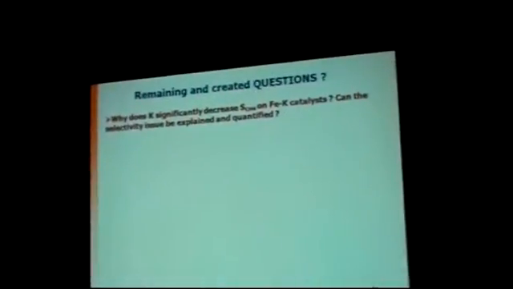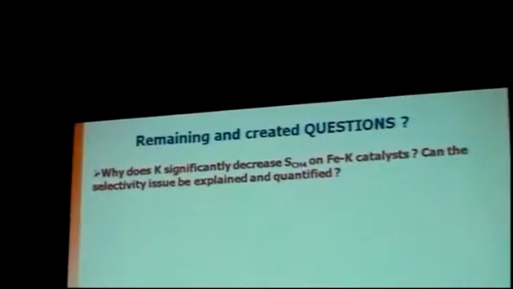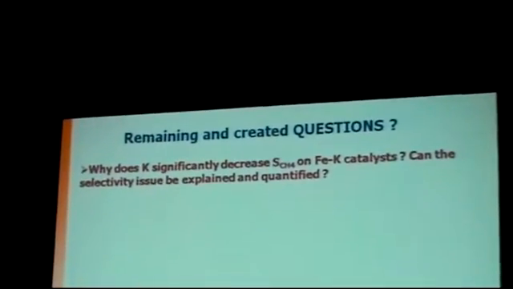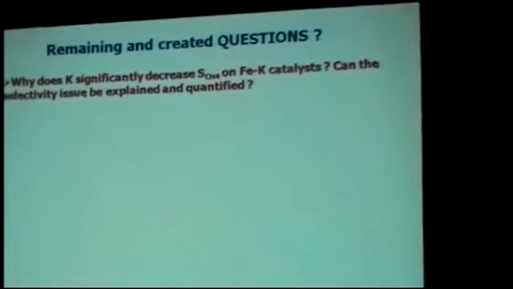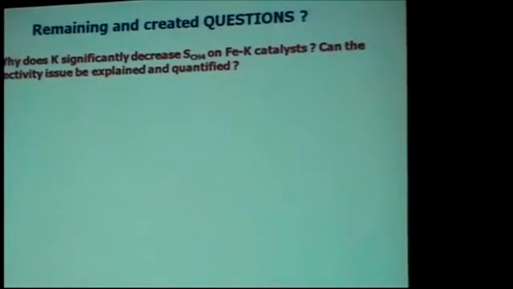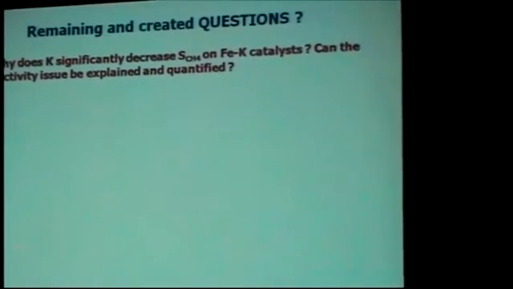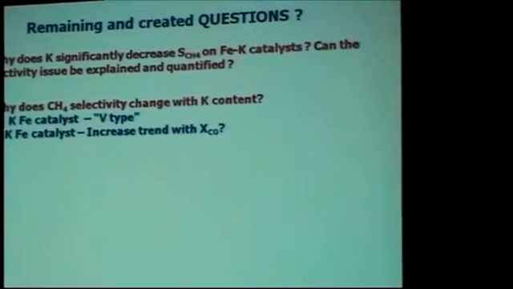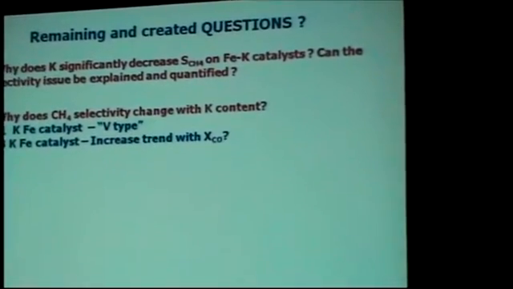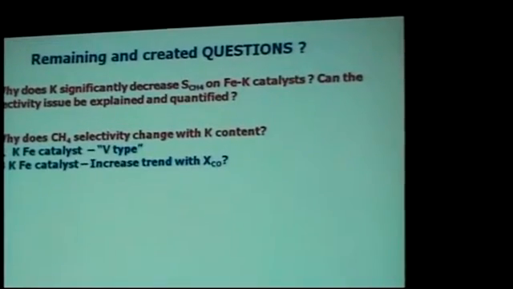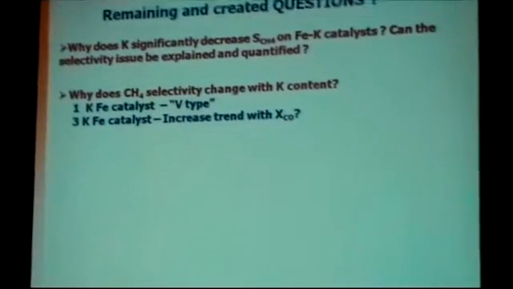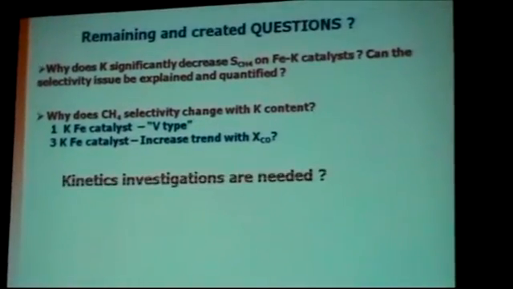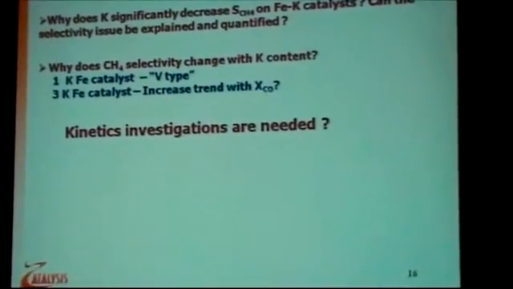So the next question is why potassium significantly decreased methane on the iron potassium catalyst, and whether we can explain it quantitatively. And one more question is why the potassium loading changes the methane selectivity trend. These three issues we are going to discuss today using some connected data.